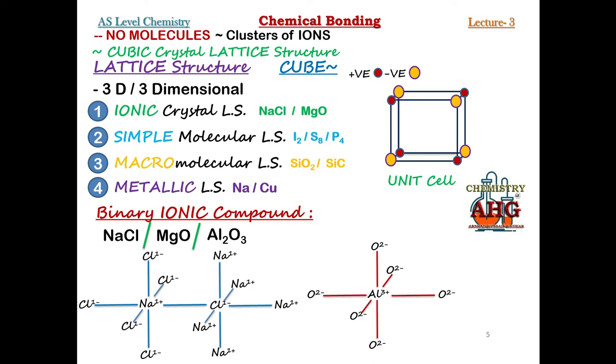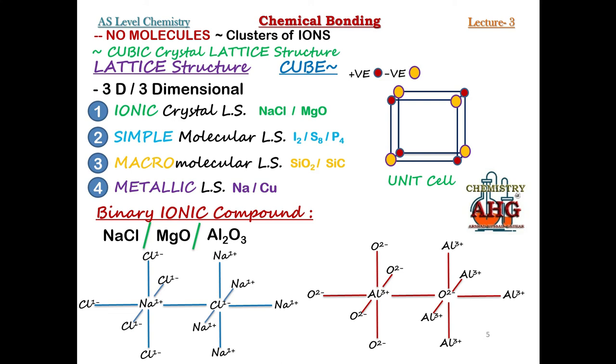Likewise, choose the oxide that is present on the right hand side, place 6 lines: right side, up, down, back, front. Now these positions will be occupied by aluminum ions. So this is a simple way to sketch the cubic crystal lattice structure of a binary ionic compound. Whenever in your A level exams you are asked to sketch the cubic crystal lattice structure for a binary ionic compound, you are supposed to sketch this diagram.